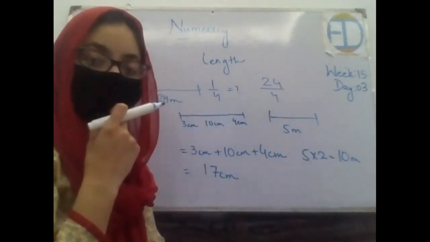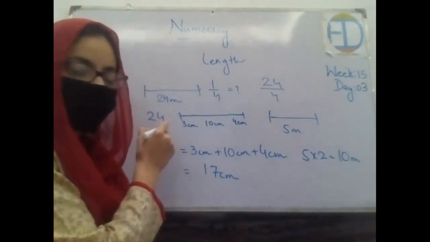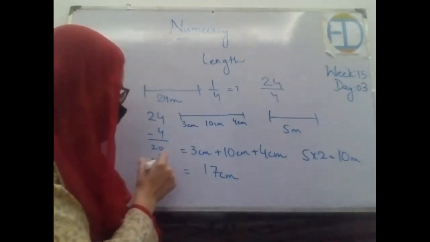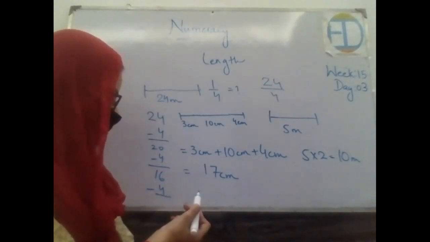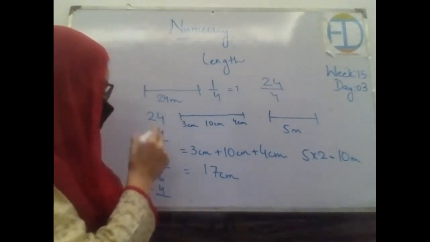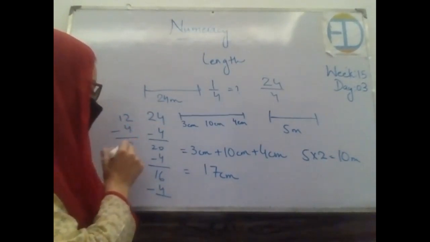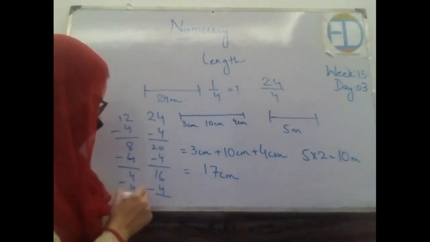The method that we used for division was that we will start subtraction, right? 24 minus 4, 20, minus 4, 16, minus 4, the answer is 12, minus 4, the answer is 8, minus 4, the answer is 4, and again minus 4, the answer is 0.